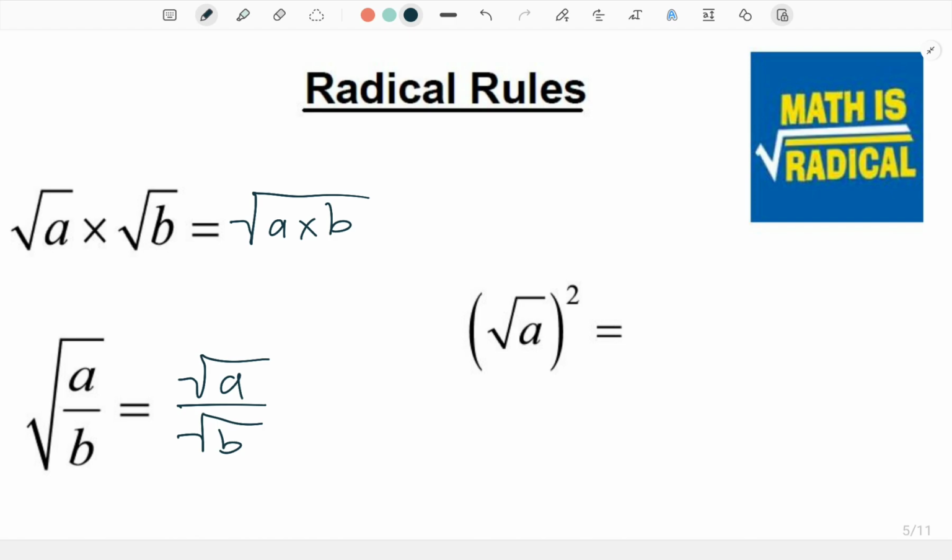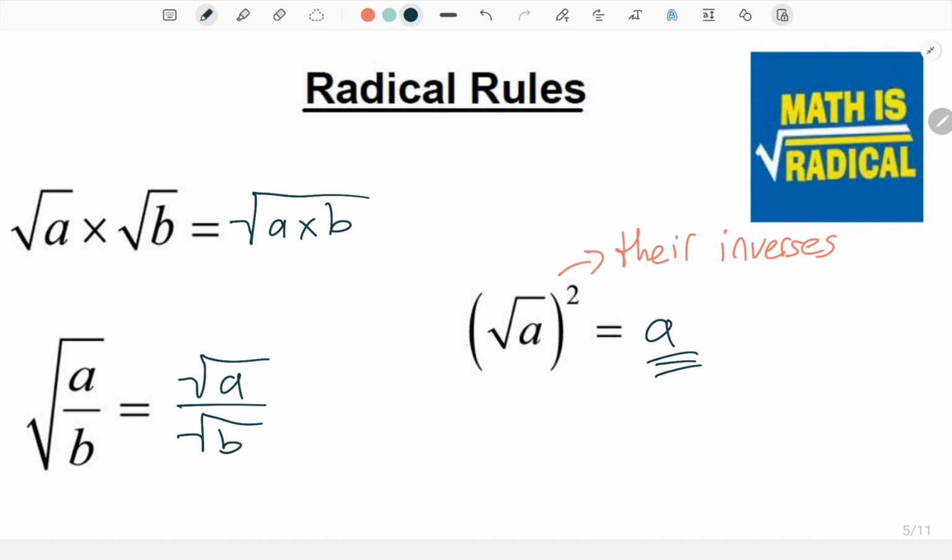We can go in either direction actually. The last one is just if you square root a number and then square it, it just gets you back the original number. And that's because the operations of square and square root are inverses. And if you apply an inverse to a function, it brings you back to the original input. So that's one way of thinking about why we get the original a.